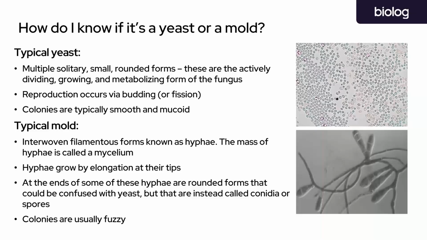Most of these will form a fuzzy colony by themselves, but if not, looking for invasive hyphae can also be an indicator. Really, the best way to make sure that it's a yeast versus a filamentous fungus is to do a quick light microscope look to make sure that it's budding cells versus apical extension in the case of molds.